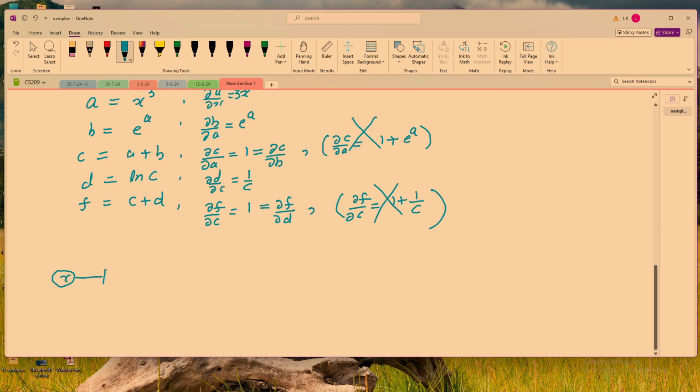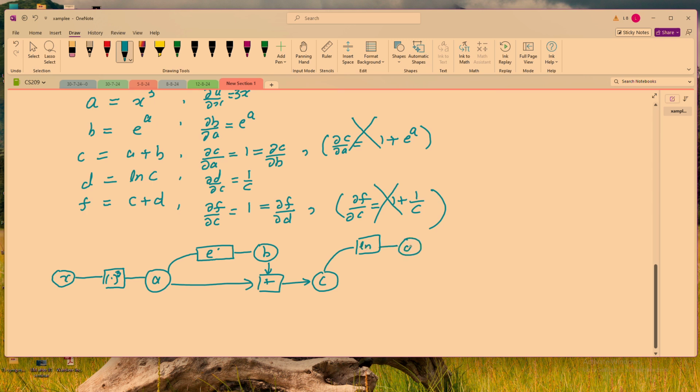X, cube, and this is A. Then E, and then you get the B. And then you add the two, and you get the C. This is ln, get the D. Then you again add it, get your F or E, whatever you want to call. Everybody had drawn the graph, so I think till this point it's okay.